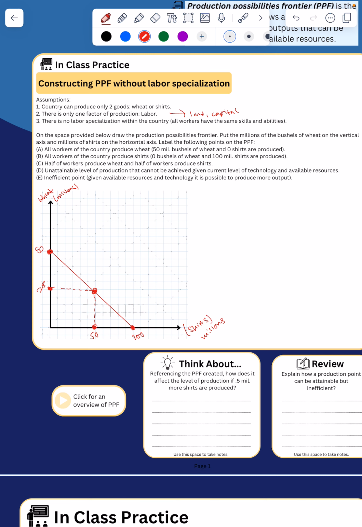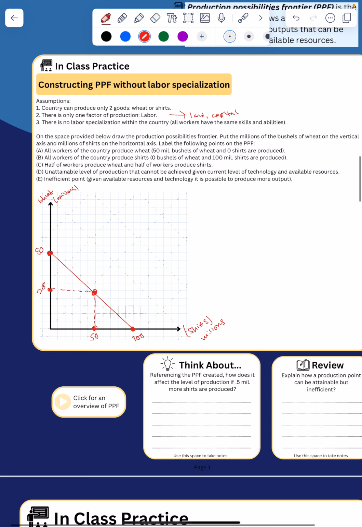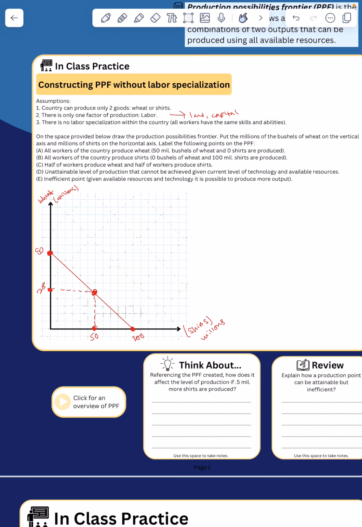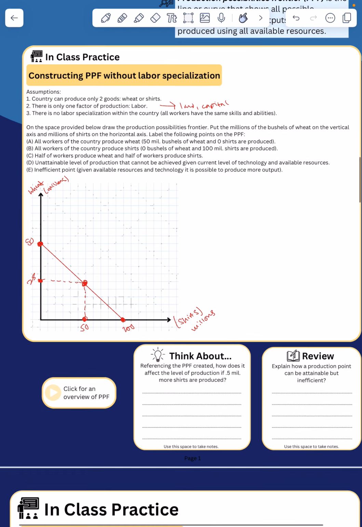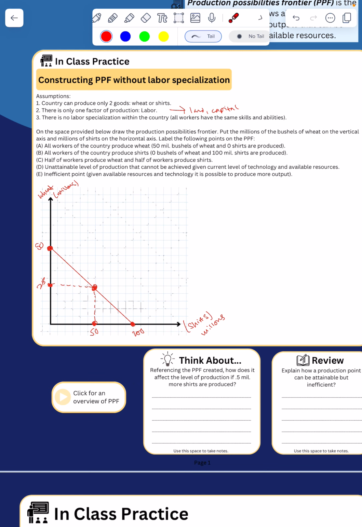And it's important to note that this point is attainable and efficient because it is along the line of the possibilities frontier. An inefficient level of production would be somewhere inside this curve. That would be attainable, but it would be inefficient because we want one of our points to be along this line because it uses up our available resources and gets us the max amount of production possible.